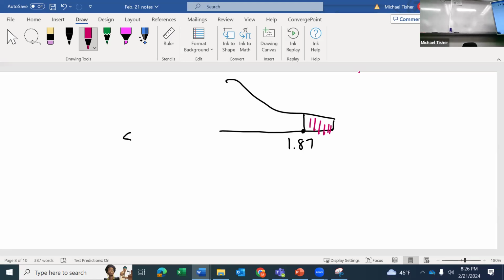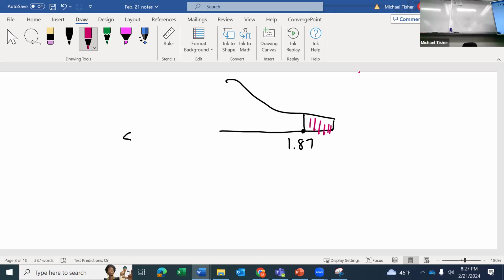See that? That's the p-value that we're looking for. Right. So here, 0.0307. That's it.